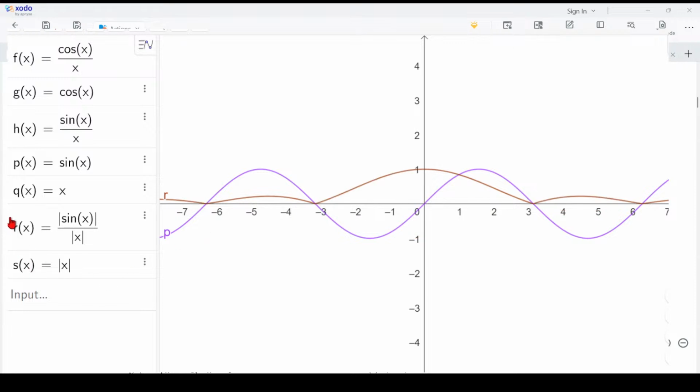Understood? If you include a mod here also, then everywhere you are removing the negative parts. Then it is not a problem. But if you include mod at only one place, then it breaks. Whether you include it in the numerator or you make this normal x, then also the same problem, right? Then also the same problem.